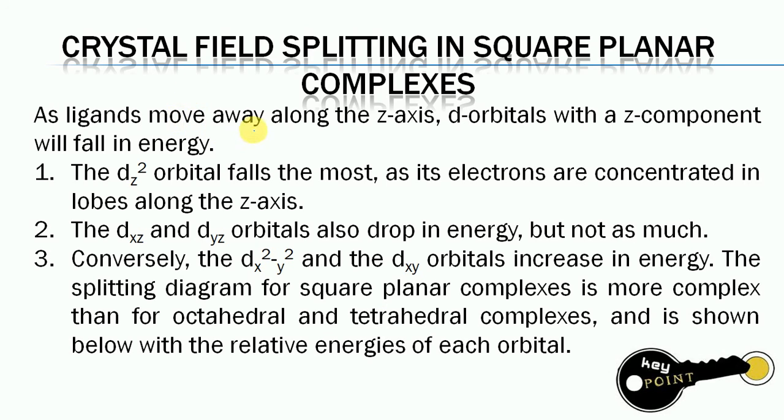As the ligands move away along the z-axis, the d orbitals with a z component will fall in energy. The dz square orbital falls the most as its electrons are concentrated in the lobe along the z-axis.